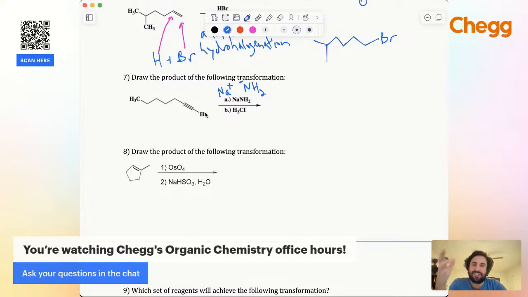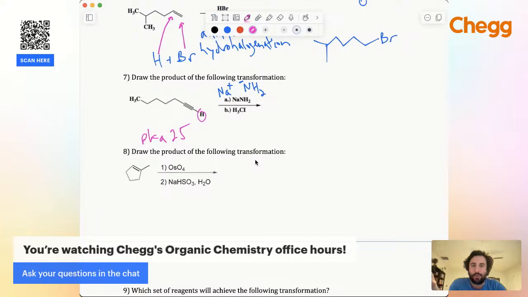So alkynes are not especially acidic. They're more acidic than alkenes and alkanes. Alkanes have a pKa around 50. Alkenes have a pKa around 40, not acidic at all. Alkynes have a pKa, I think, around 25. So it's still a billion times less acidic than water.